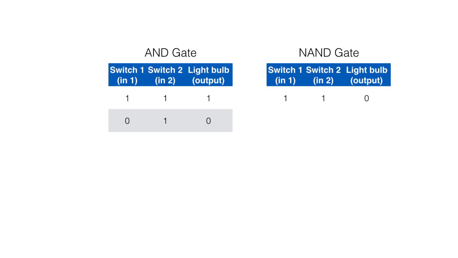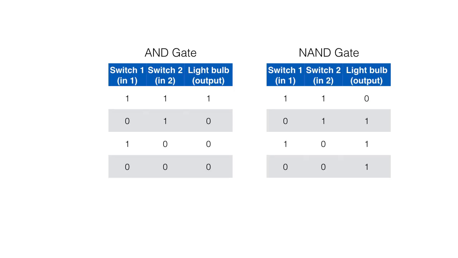When either switch is on, but the other one is off in an AND gate, then the output is off. In a NAND gate, the output would be on. Do you see that? And then in an AND gate, when both switches are off, the output is off. In a NAND gate, you want to flip that.